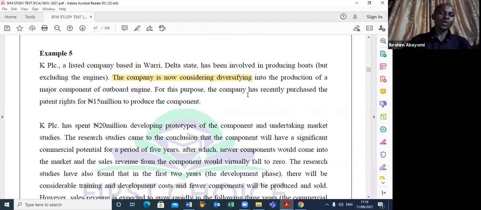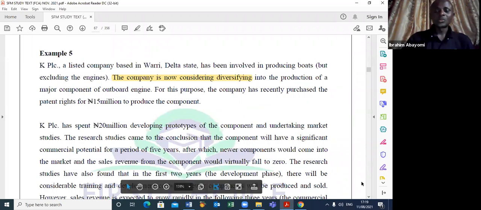No. So the decision of whether to do the project or not is not affected by this cash flow, because that cost has already been incurred. So any cost that has been incurred in the past is not relevant for decision making. That will be regarded as a sunk cost. I believe that is clear. That is a principle you should always apply.